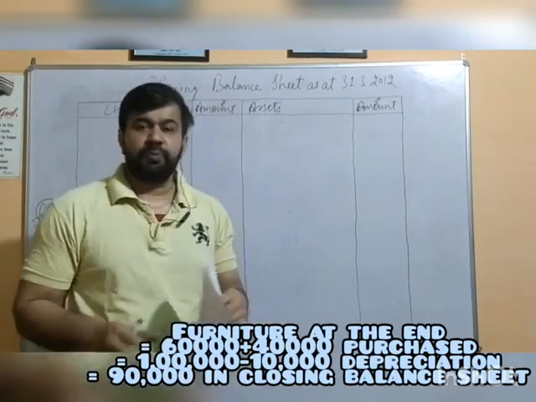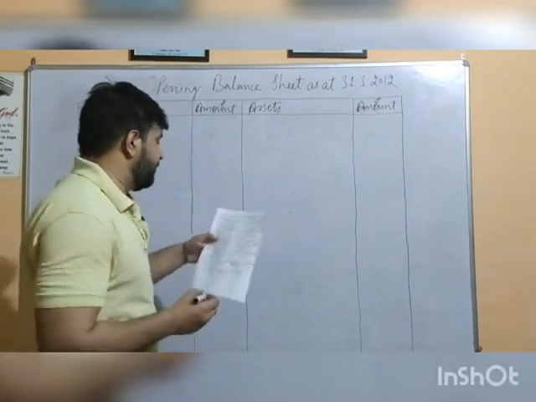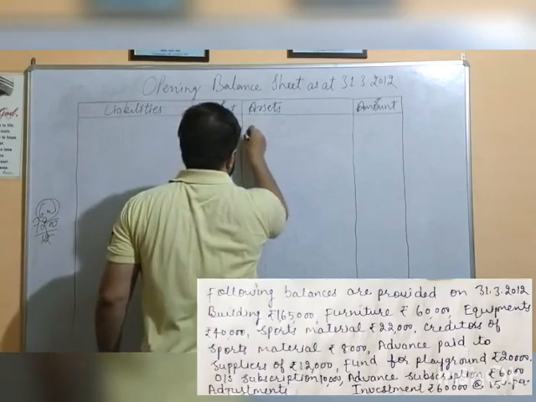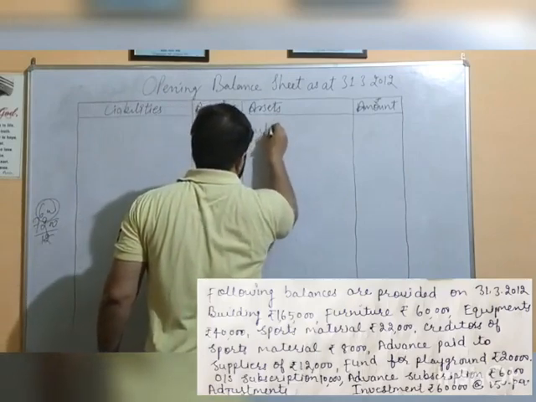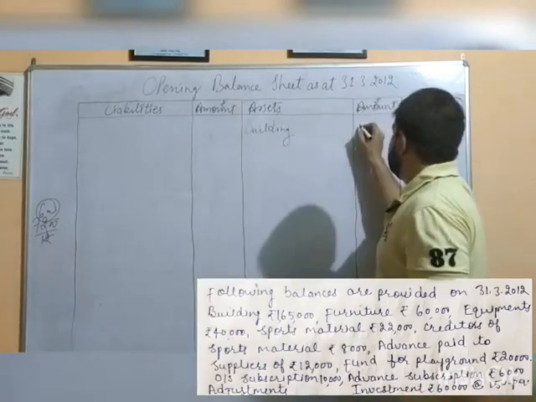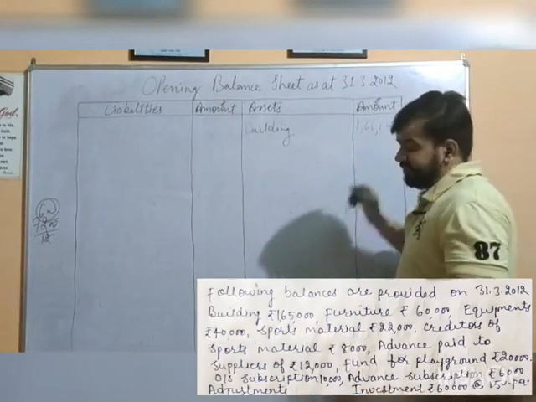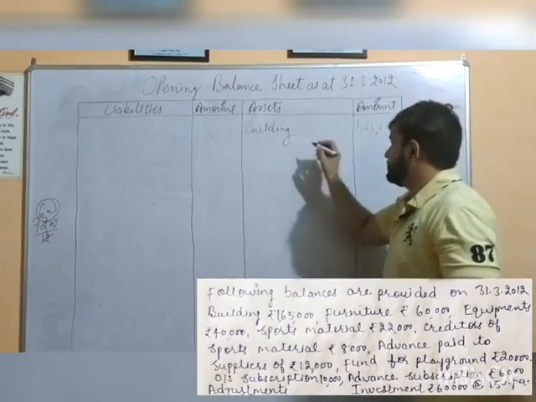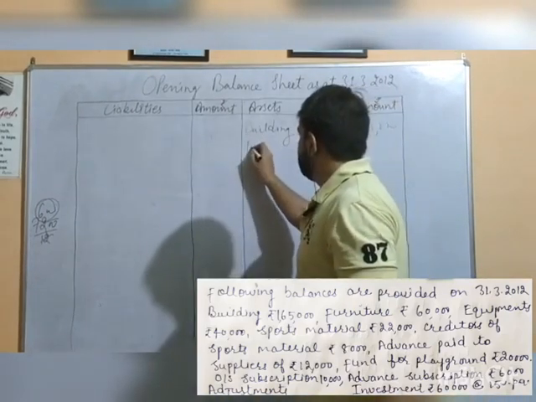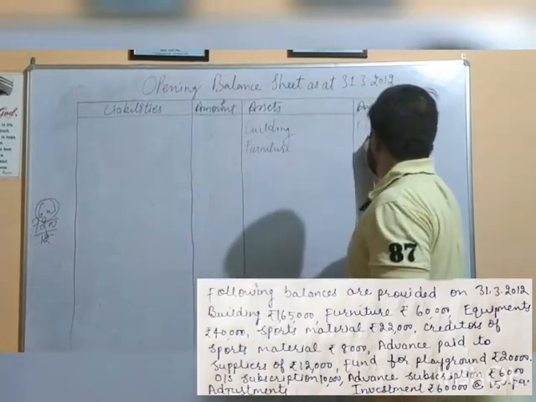So here I am starting to prepare the opening balance sheet with the given information. We are having building, rupees 1,65,000. Next asset we are having furniture in the beginning of the year, rupees 60,000.